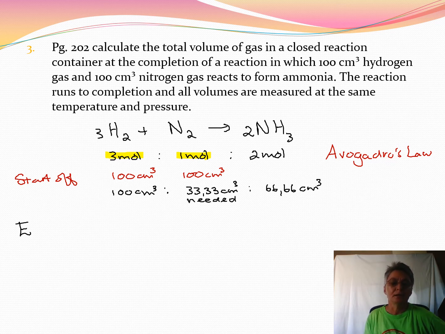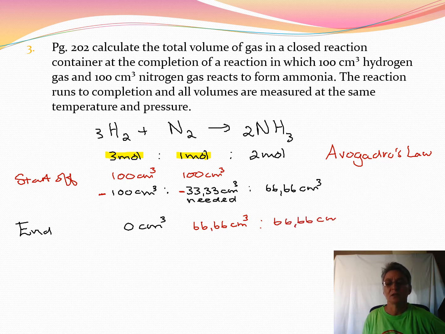So at the end, how much hydrogen is left? 0 cubic centimeters is left because this will be used up. How much nitrogen will be left if 33.33 cubic centimeters is used? There will be 66.66 cubic centimeters after completion, and 66.66 cubic centimeters of ammonia was formed.